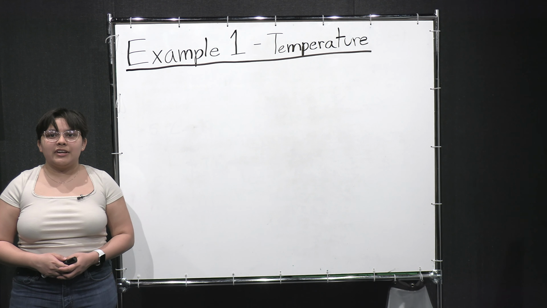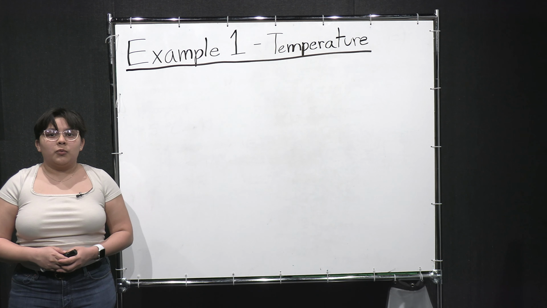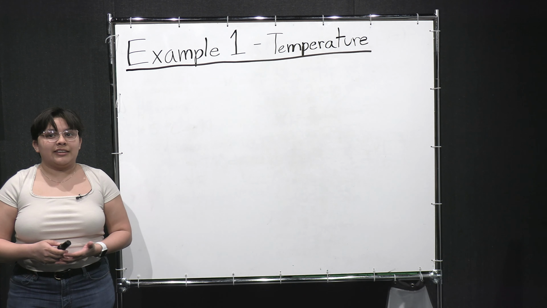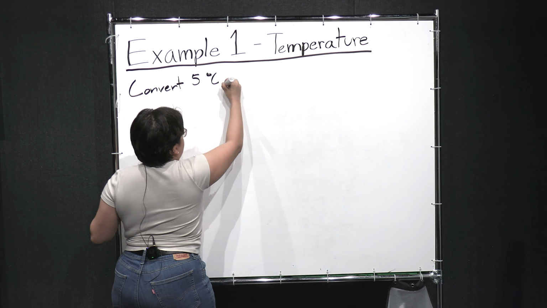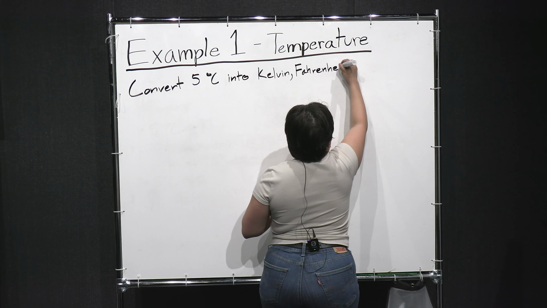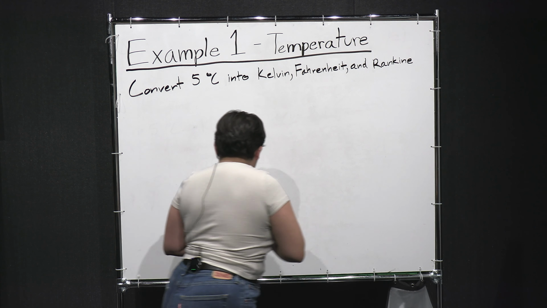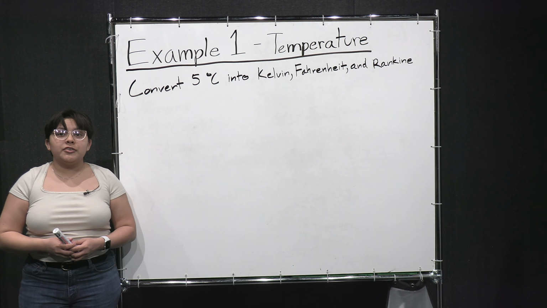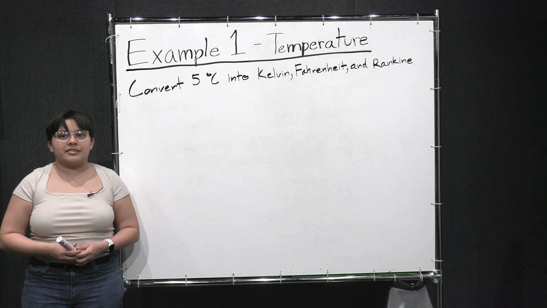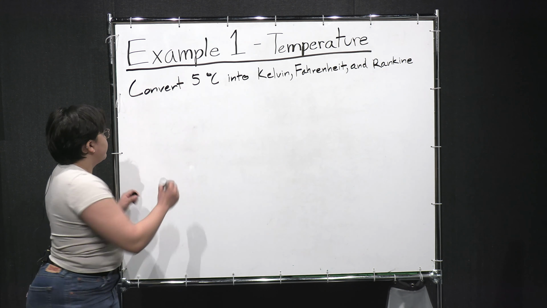Now for some examples. These examples will be easier if you pull up the conversion sheet from the website. What is 5 degrees Celsius in Kelvin, degrees Fahrenheit, and degrees Rankine? Remember, we are first starting with degrees Celsius and want to get to Kelvin, so we must add 273.15.